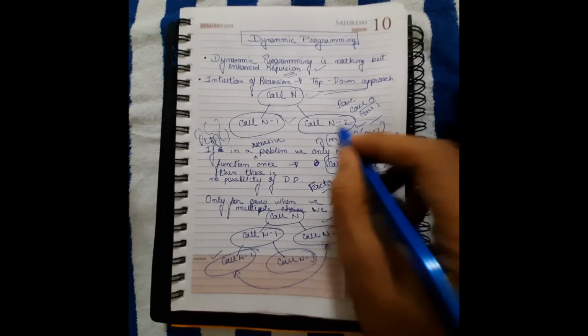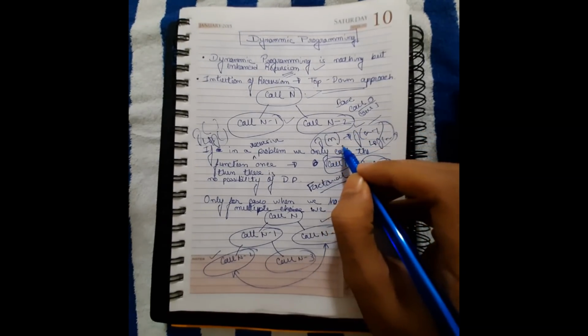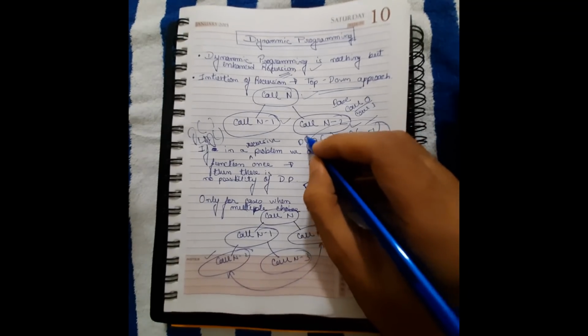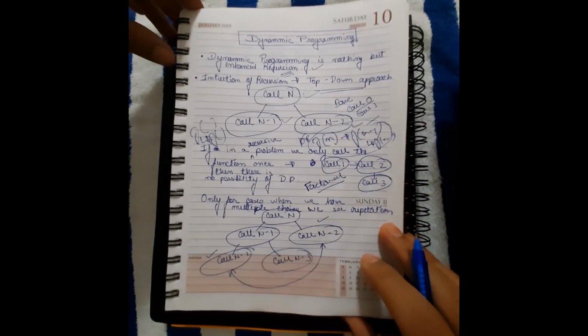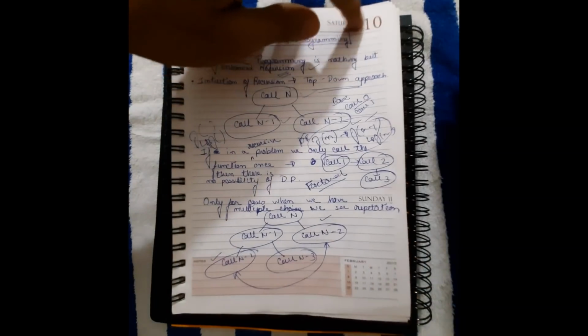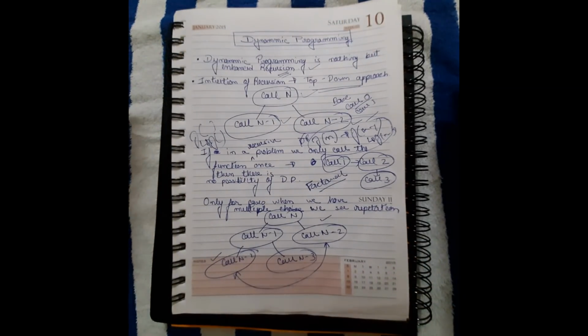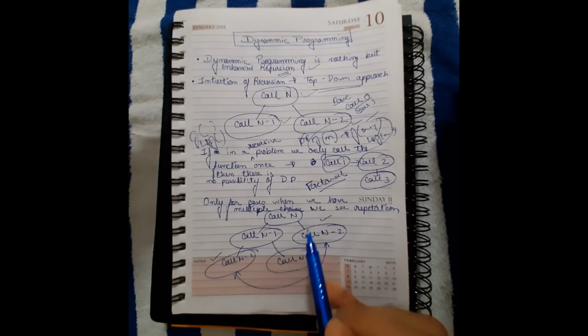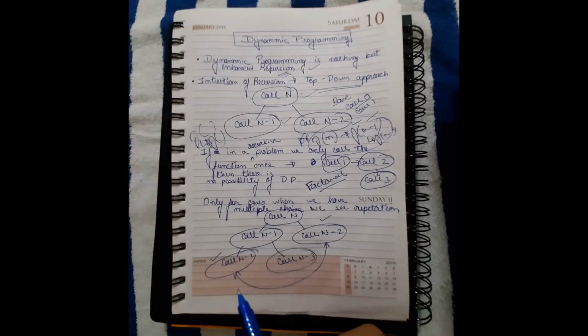In this kind of problem there is no repetition, so dynamic programming is not required. But dynamic programming becomes really important when there is repetition, when we have multiple choices and multiple repetitions.